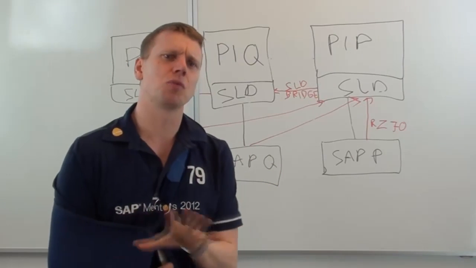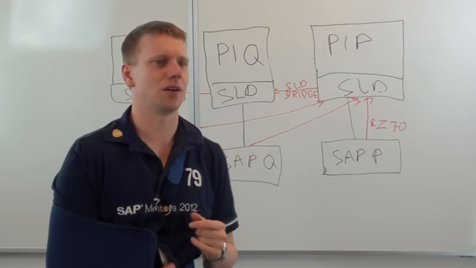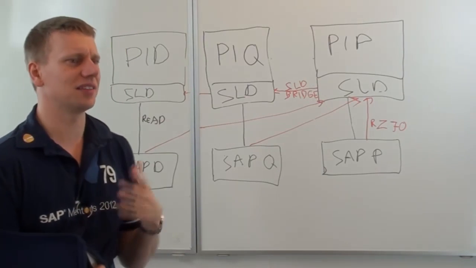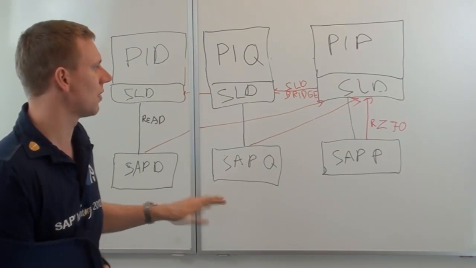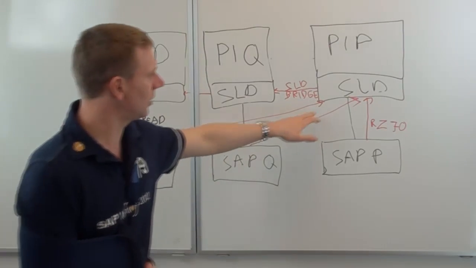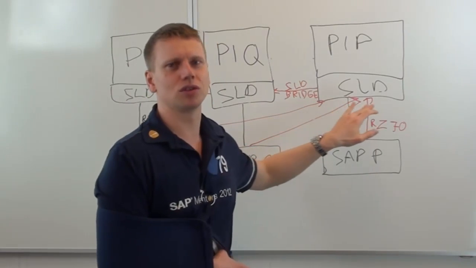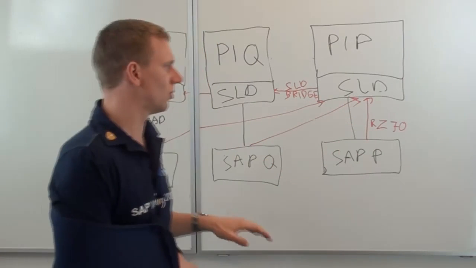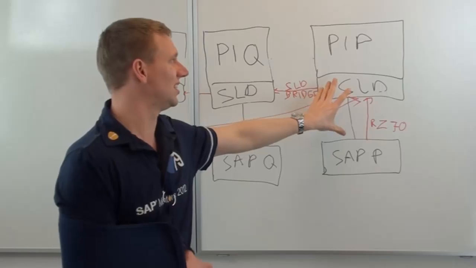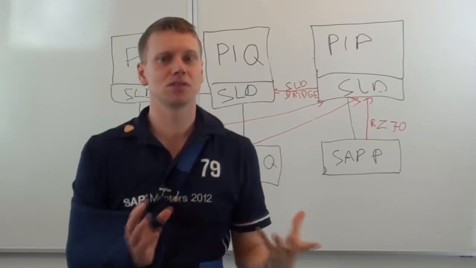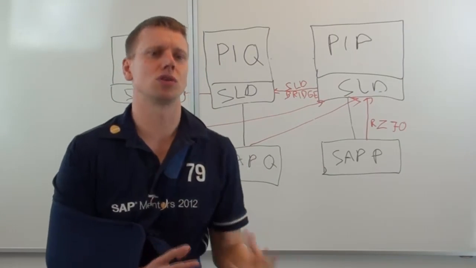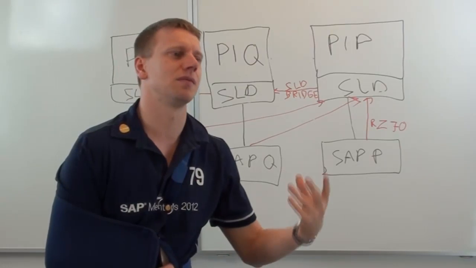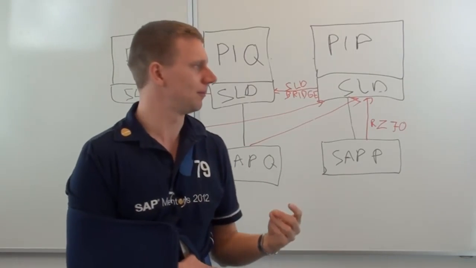There are a number of different ways you can actually do this. I think the easiest way is just to have all systems replicate directly into the production SLD. So the production SLD is kind of the master on the business systems. It knows all the different business systems involved in this setup.